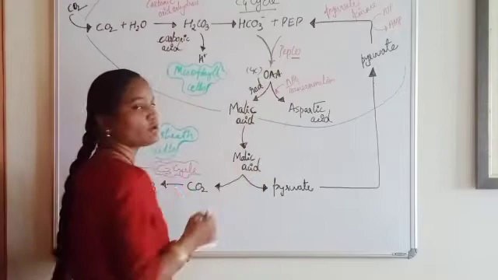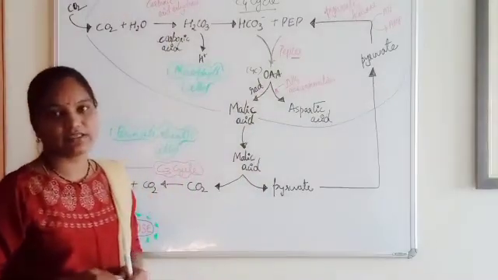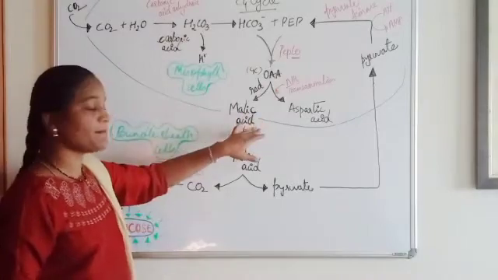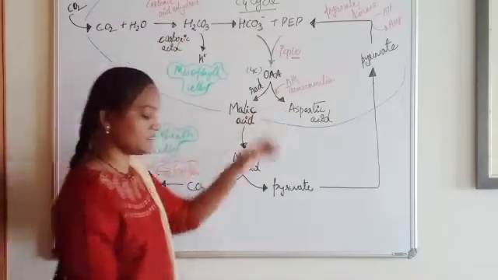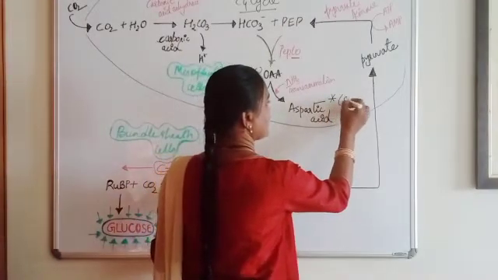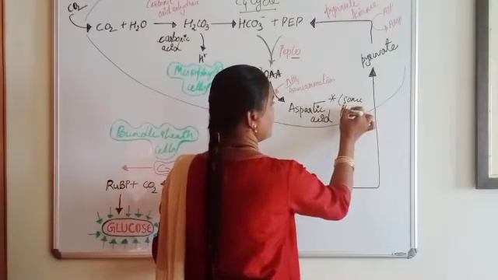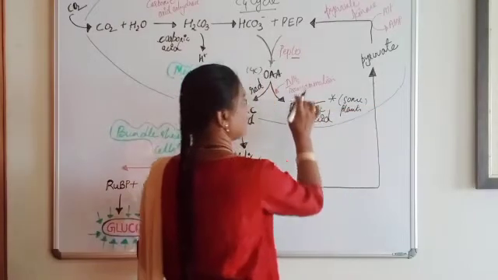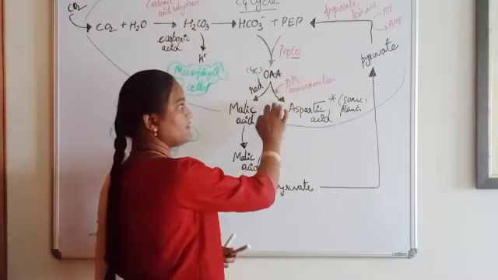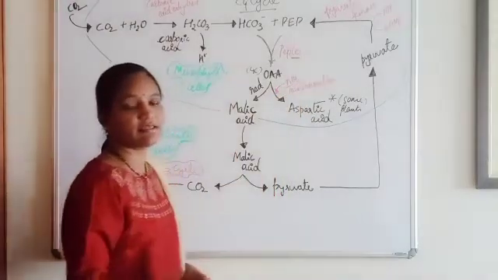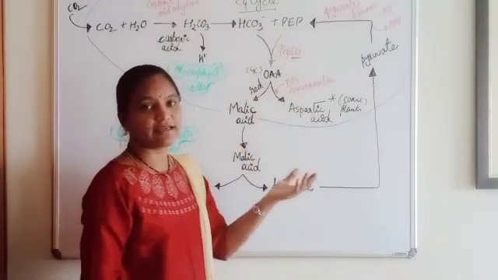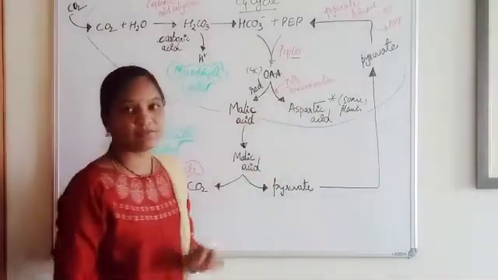Now this 4 carbon containing compound, oxaloacetic acid, will undergo reduction to form malic acid. In some exceptional cases, only in some plants, there is a transfer of an amino group onto oxaloacetic acid. This step is transamination, with the enzyme transaminase, to form aspartic acid.